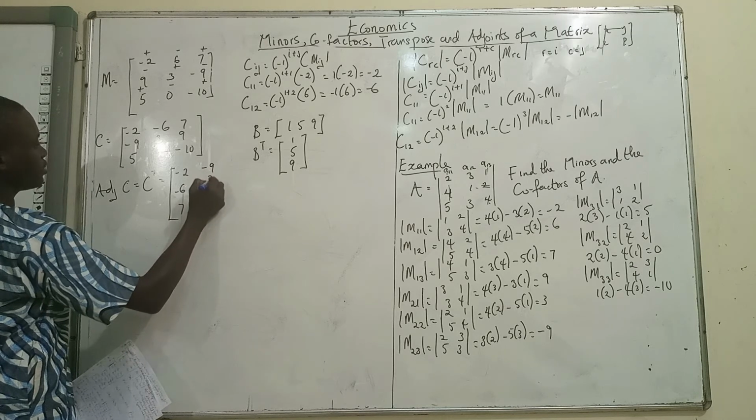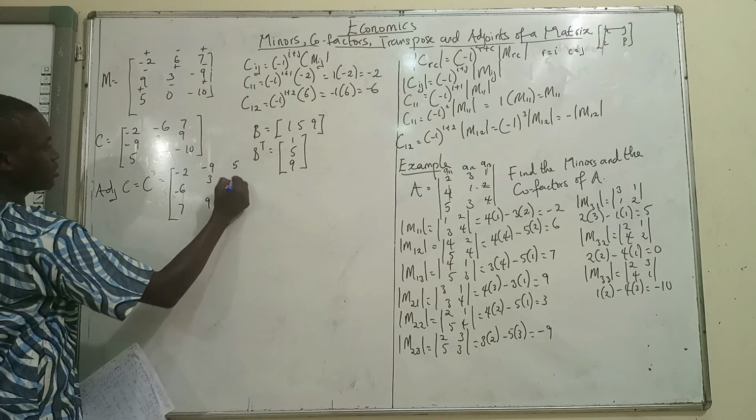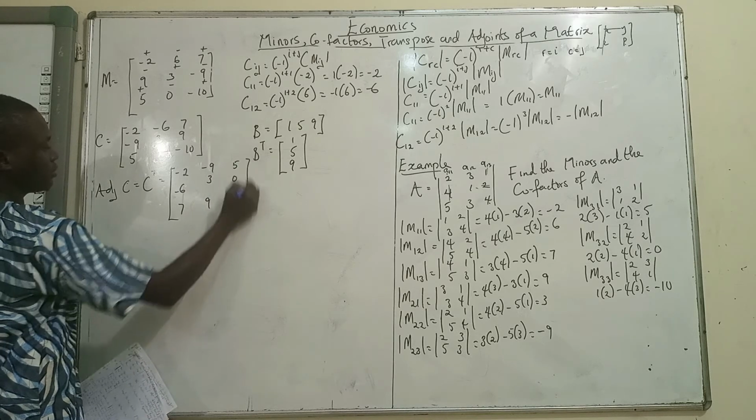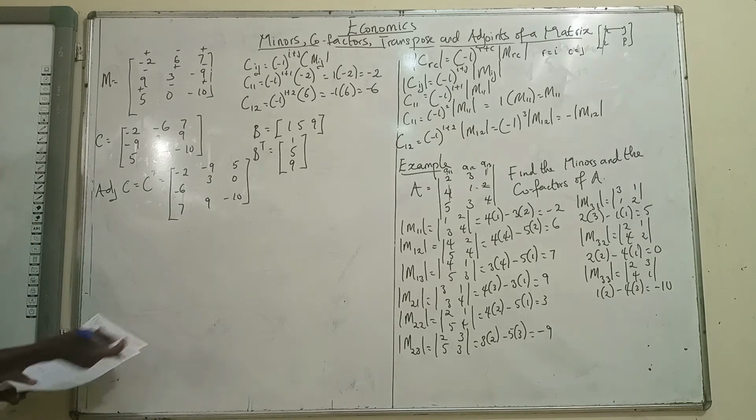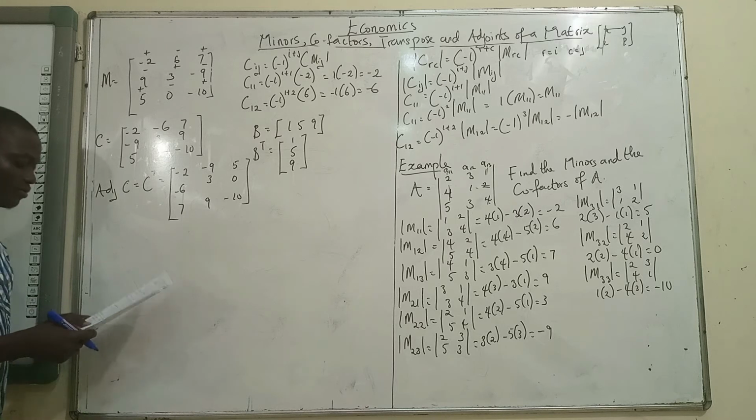Then 5, 0, minus 10. You're done. So that's how to find the adjoint of a matrix. Minus 2, minus 9, 5, minus 6, 3, 0, then 7, 9. Okay, so we are right.